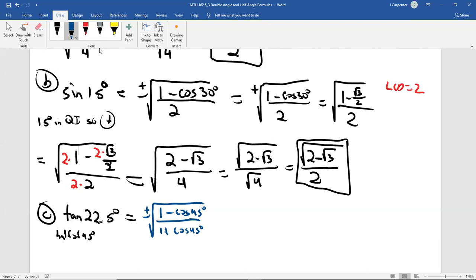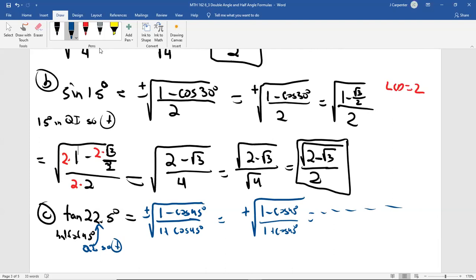And you'd say, all right, well, what do we pick, the plus or the minus? Well, this is in quadrant 1, the 22.5, so we pick the plus. So we go plus big old square root 1 minus cosine of 45 degrees over 1 plus cosine of 45 degrees. Cosine of 45 is square root of 2 over 2, so you'll have 2's in the bottoms to clear, and it just gets a little messy.